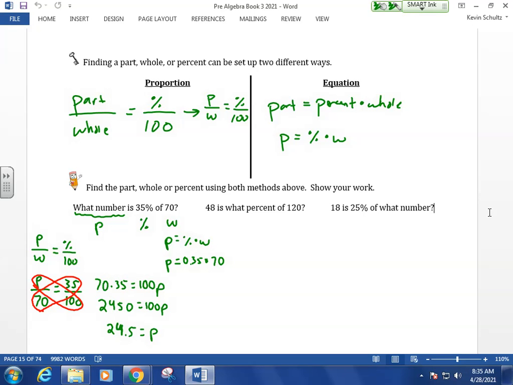And the nice part about this is that the variable is already isolated, right? P is already by itself. P is equal to 0.35 times 70. So in my calculator, all I have to do is take 0.35 times 70, and I get 24.5 as an answer. And because these two solutions match, I know I'm in business. I know that I'm right.